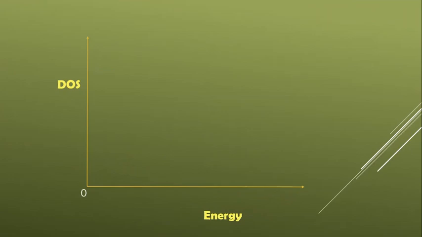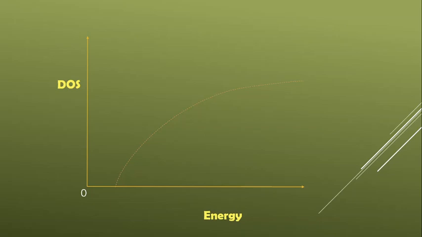Already in our first video we have seen that for bulk semiconductors, that is for a three-dimensional system, we have a nature something like this, looking like a half parabola.